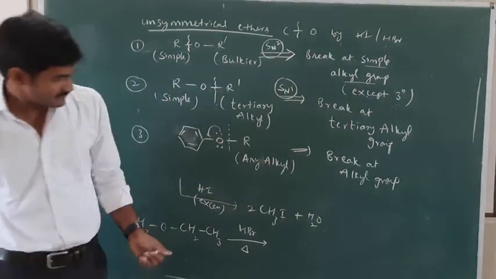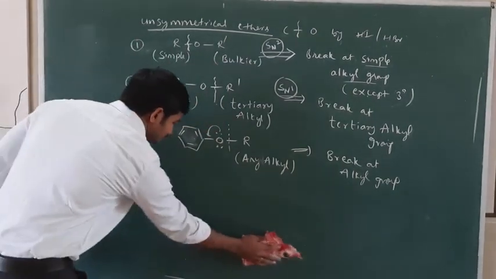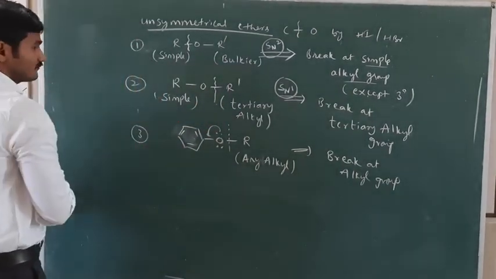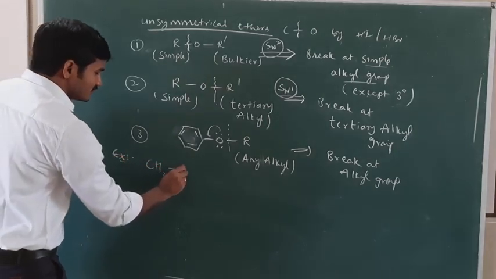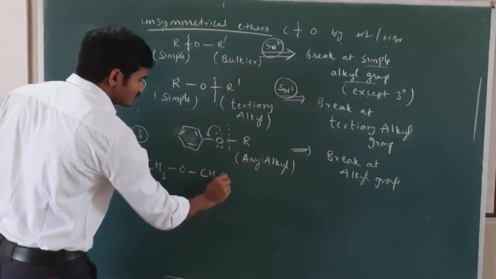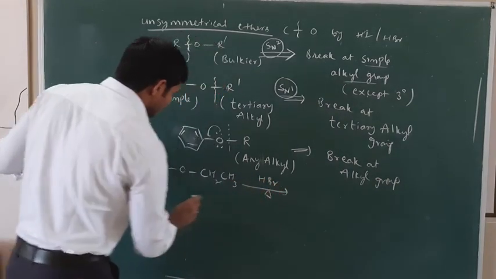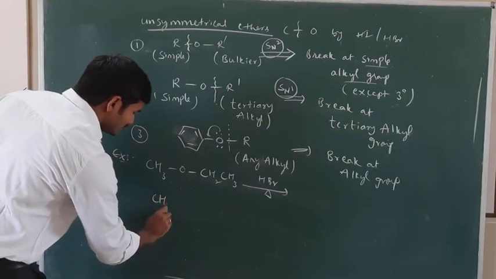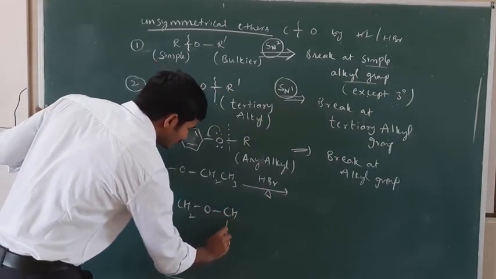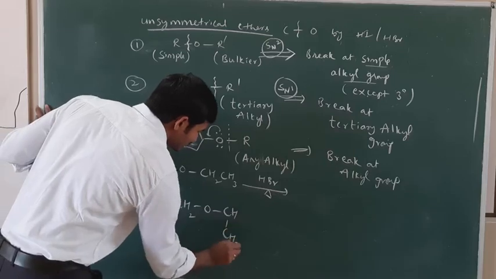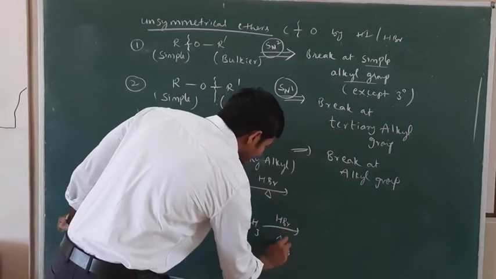So based on this, we see some examples. If I take CH3OCH2CH3 with HBr, delta, and CH3CH2-O-CH(CH3)2 with HBr, delta.